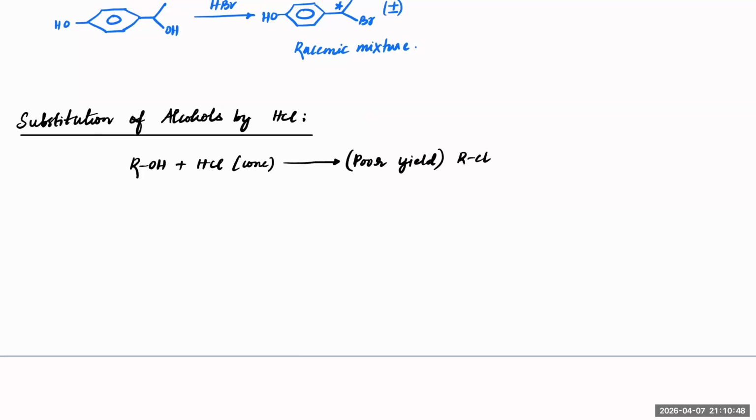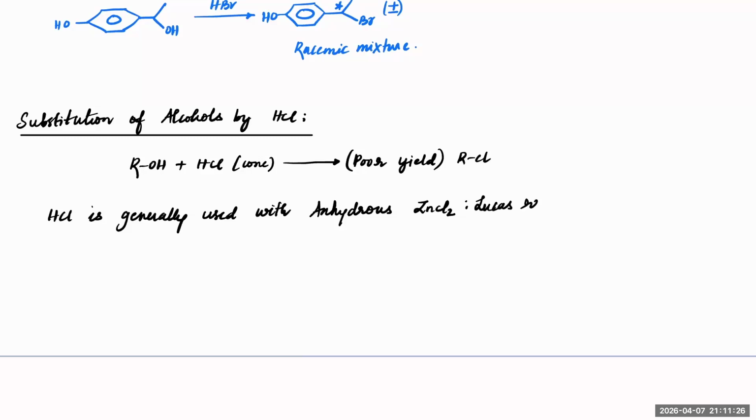Because the rate mainly depends upon the acidic strength, and HCl, although it is a strong acid, has a very strong bond dissociation energy, so it is difficult to break. Hence, HCl is generally used with anhydrous zinc chloride, which we call Lucas reagent.